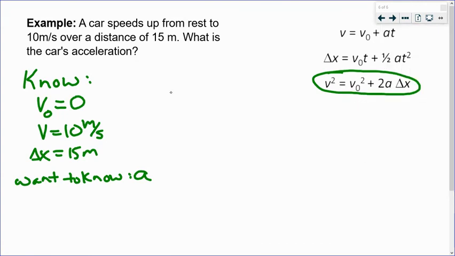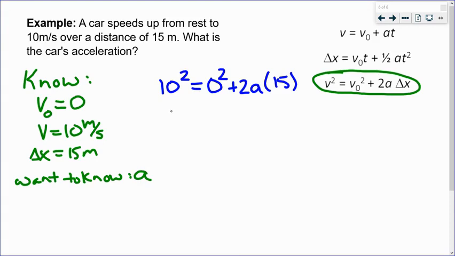Okay, so let's practice plugging these things in. So v squared, v is 10. So as I rewrite this, plugging my numbers in, I have 10 squared equals v0 squared. Well, v0 is 0. 0 squared is still 0, but I'm going to write that down anyway. Plus 2. A is the thing we're looking for, and we know that the change in position was 15. Okay, all right, so let's start solving this.